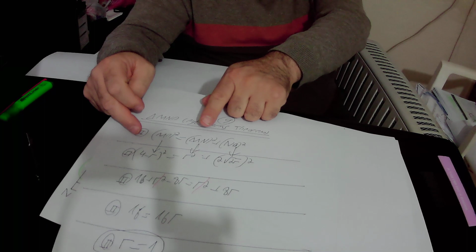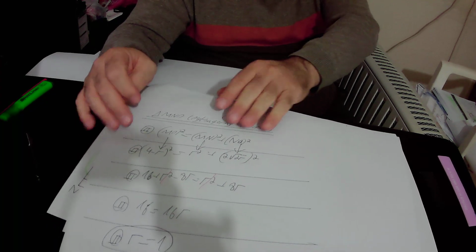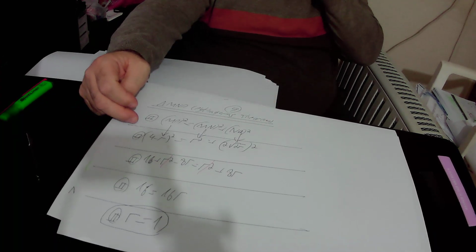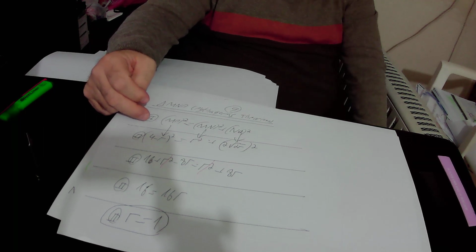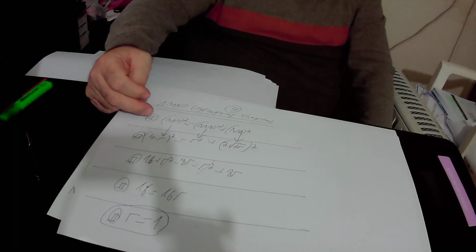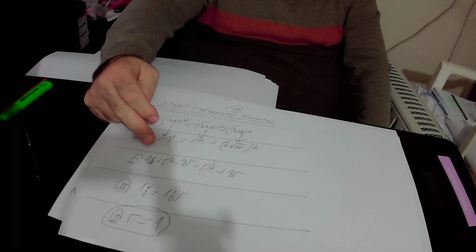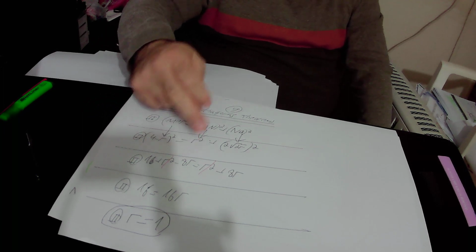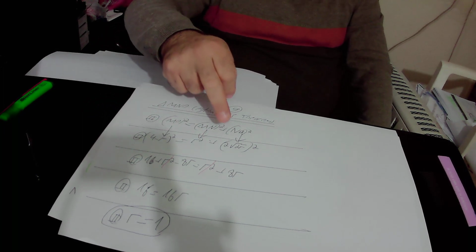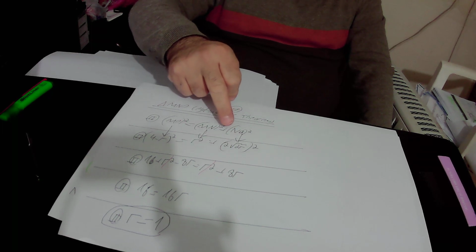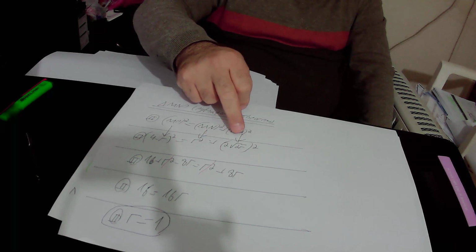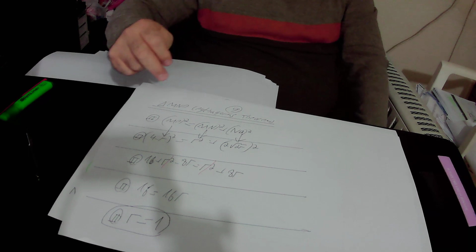Here we open the brackets on both sides of equation number 2, and we got that (4 minus R) square equals 16 plus R square minus 8R. And it equals R square plus 8R, since the square of 2 times square root of 2R is 8R.